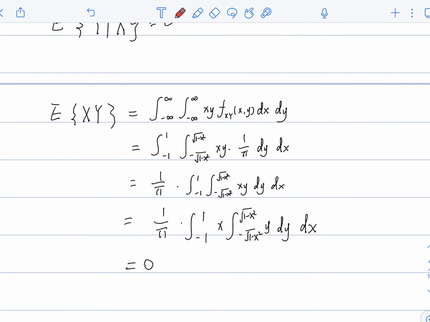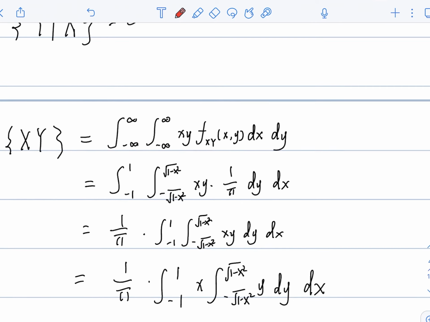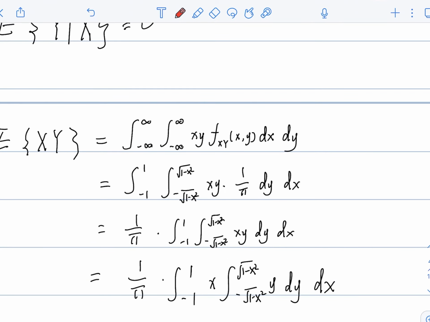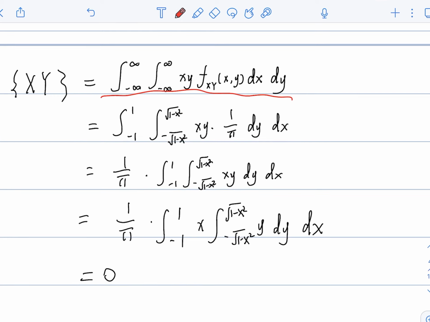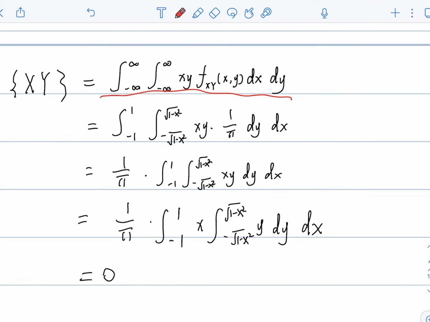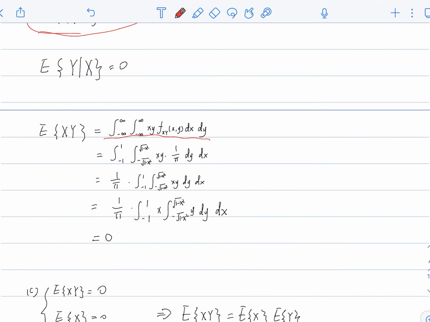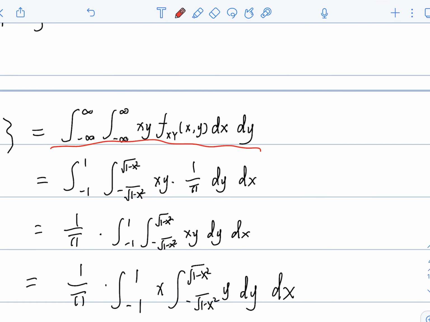Finally, we need to calculate the expected value of XY, which is equal to the integral of xy f(x,y) dx dy. And we know that the joint density function f(x,y) is equal to 1 divided by pi.